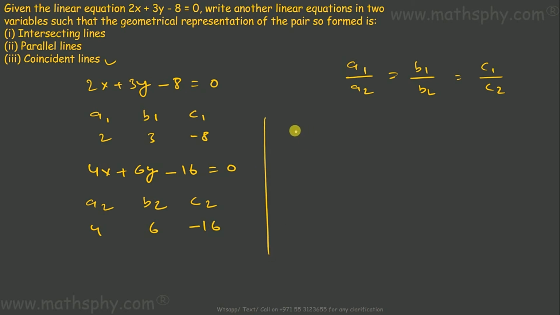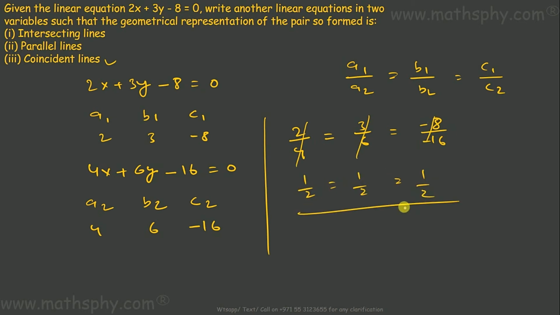So a1 over a2 will be 2 over 4, b1 over b2 3 over 6, c1 over c2 negative 8 over negative 16. So all are 1 over 2 equal to 1 over 2 equal to 1 over 2. All are equal. So this will give me coincident lines.